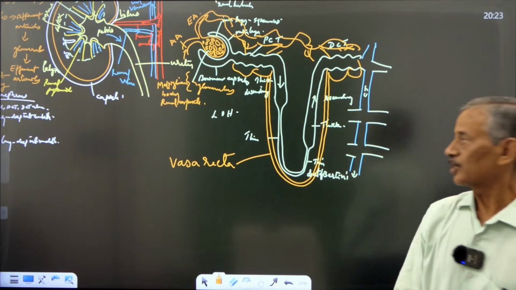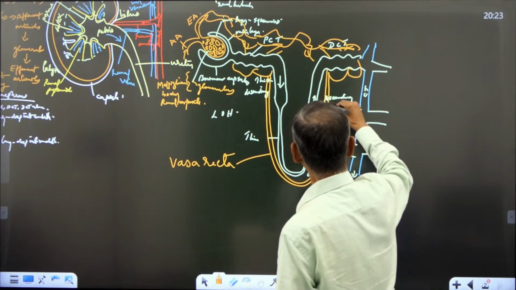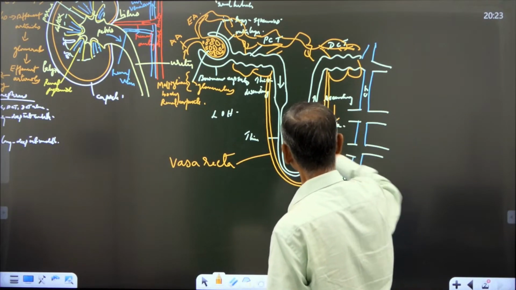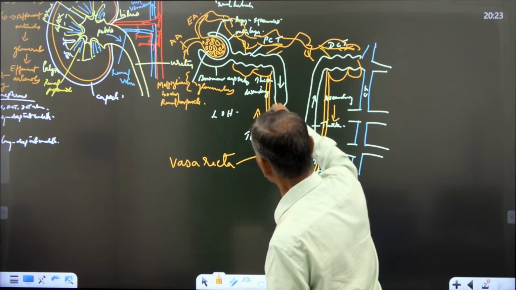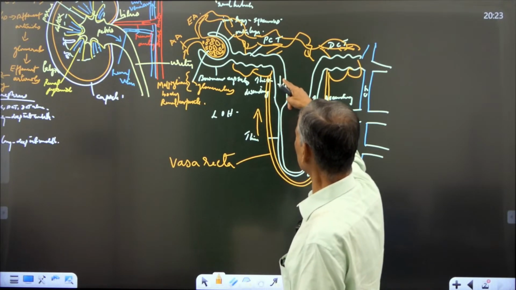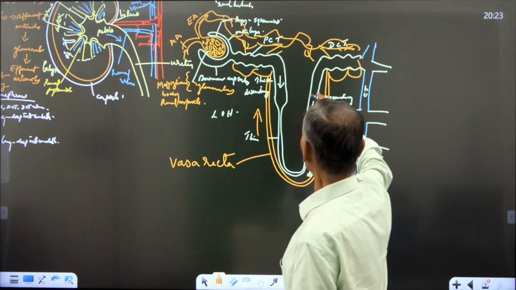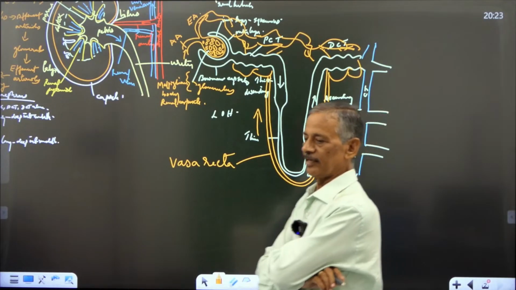In vasa recta, blood is flowing in a direction opposite to the direction of the flow of urine in Henle.